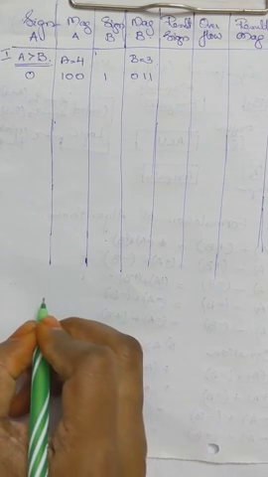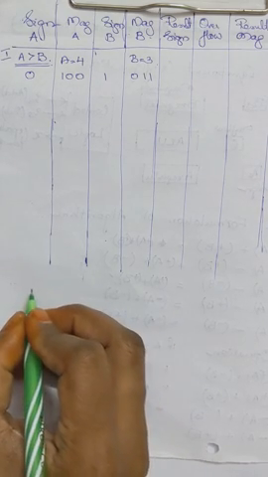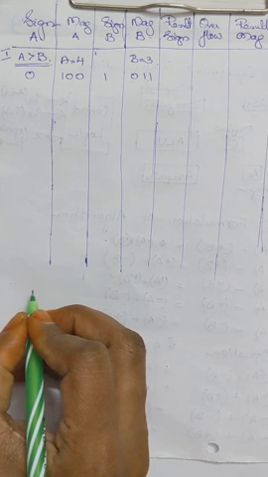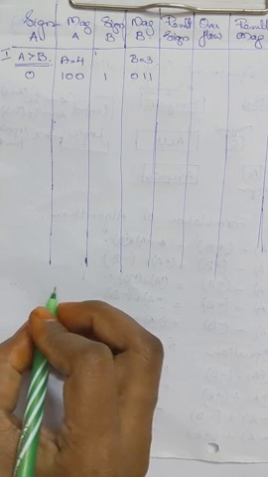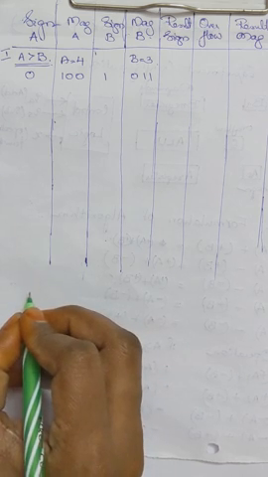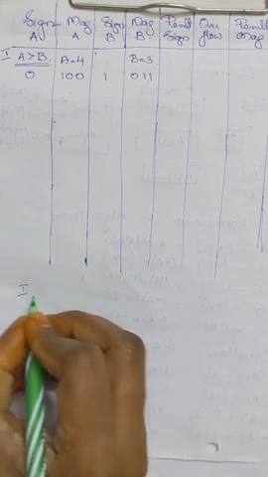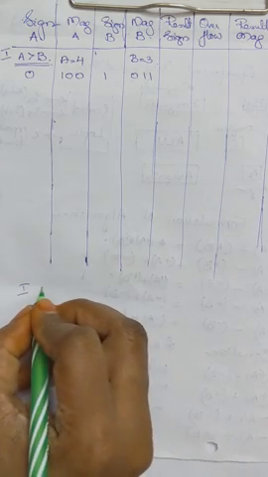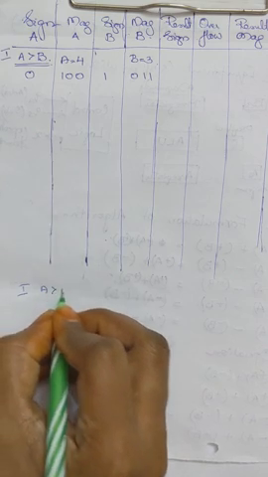Next we can consider some examples which follow those principles of addition and subtraction. First case, let us take a greater than b.